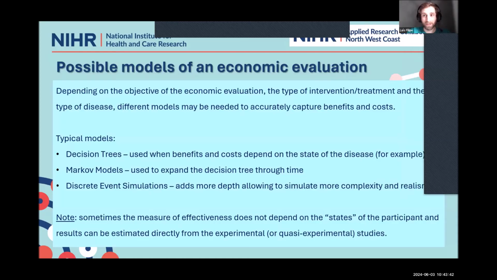Now, I'm going to talk a little bit on how to model an economic evaluation, and it can be a little bit tricky. So sometimes it's super straightforward. Sometimes imagine that you are just, for instance, I'll give you an example of something that I will do still. It's still in the beginning, but we have some technology that we want to evaluate. It's a technology about giving medication to people, usually people with some type of cognitive impairments.